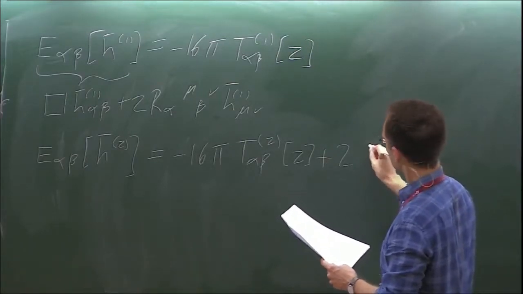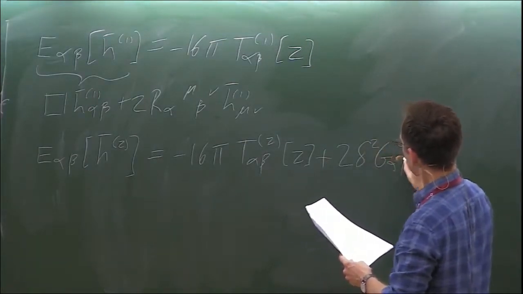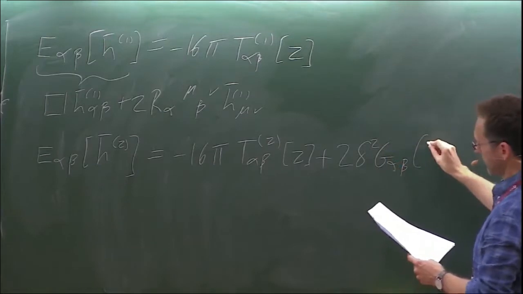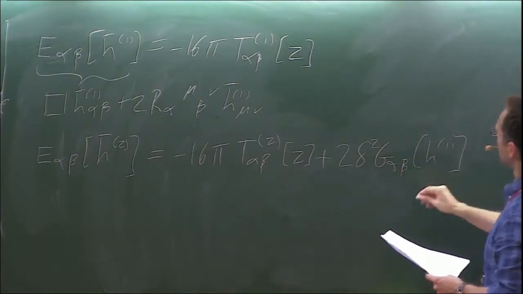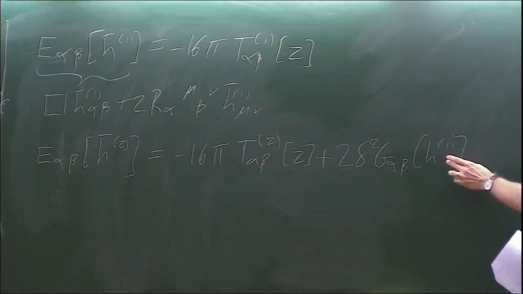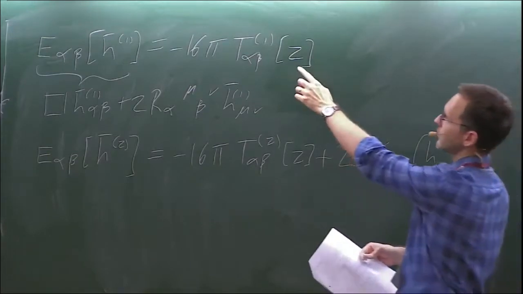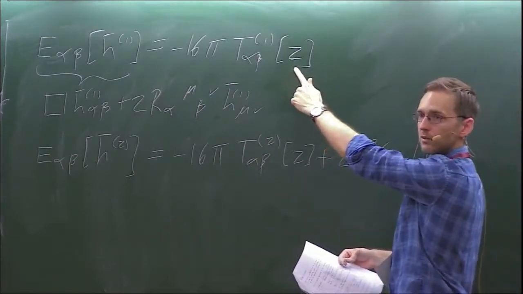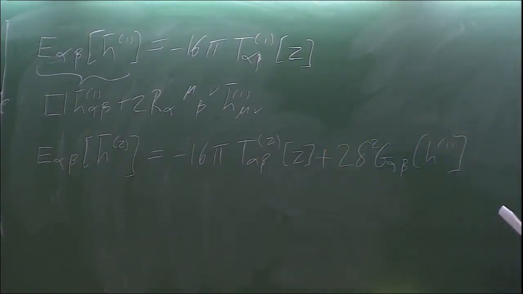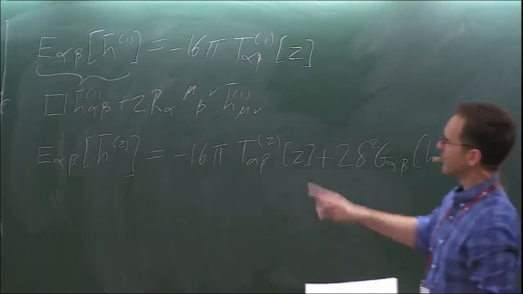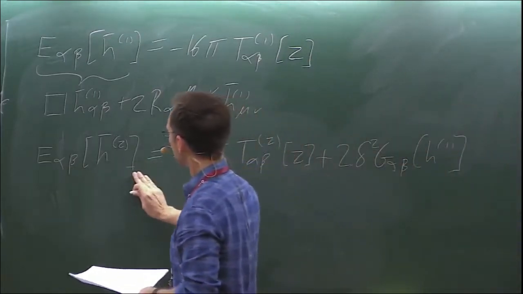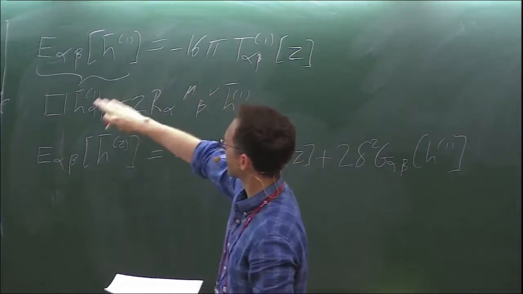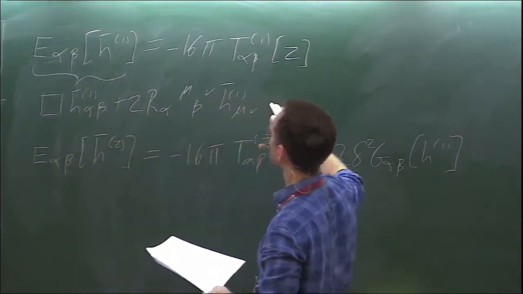And now the quadratic terms are constructed from the h1 that is sourced by the accelerating particle. In addition to this, you have the Lorentz gauge condition that allowed you to write the left-hand side in terms of this wave operator.